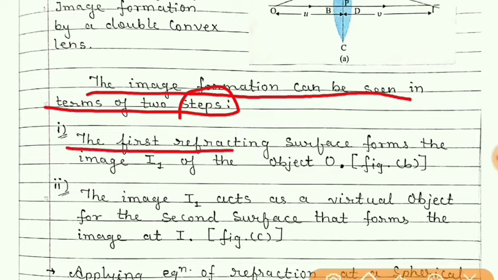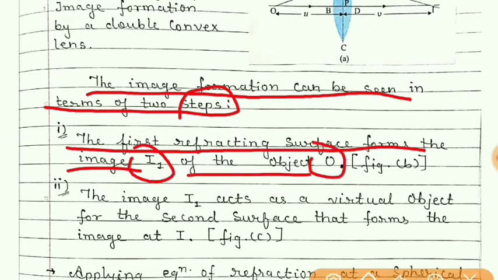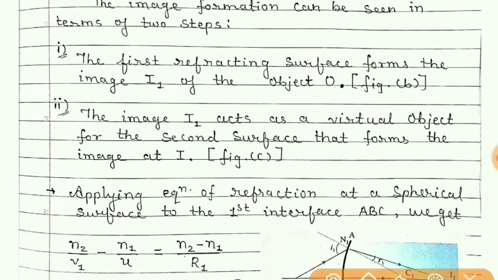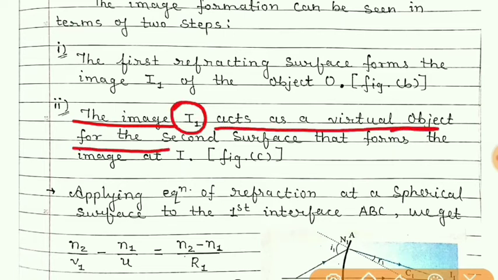The first refracting surface forms the image I1 of the object O. Then the image formed by that first surface, that is I1, acts as a virtual object for the second surface that forms the final image I.